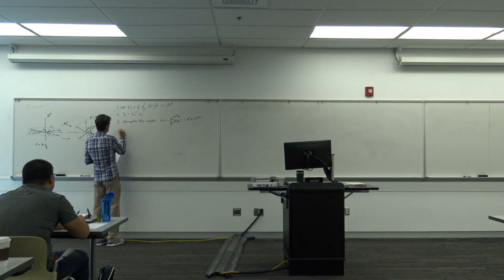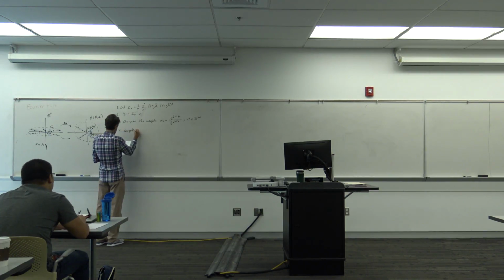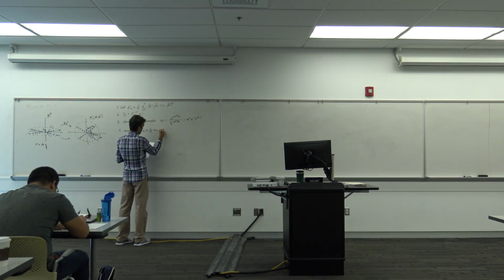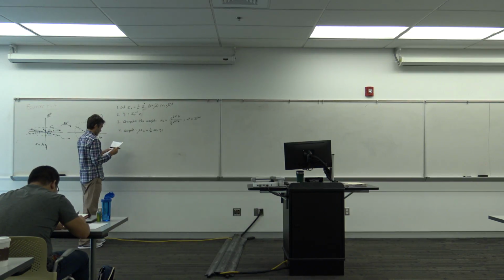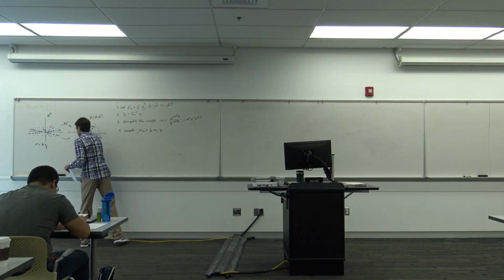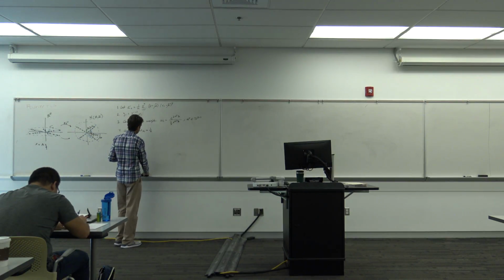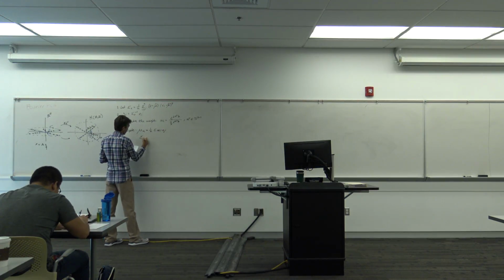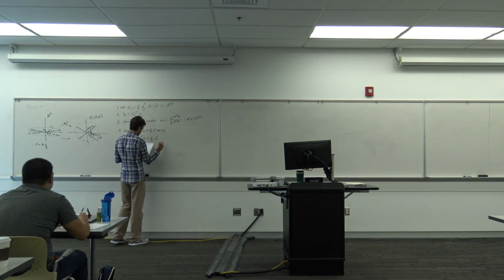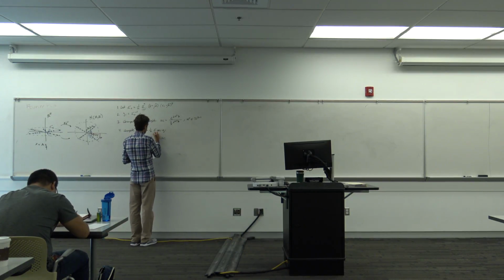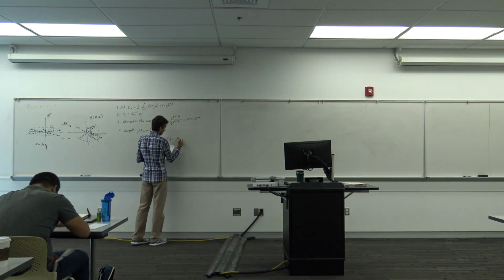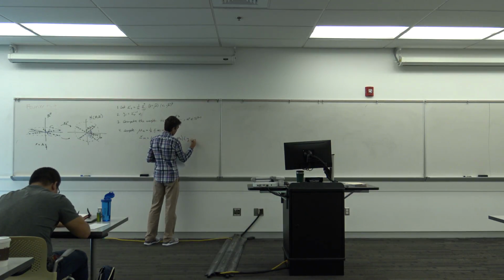And now I can compute mu of u, which is 1 over n, the summation of wi yi, and the new covariance matrix, which is 1 over n, the summing term of wi, of yi minus mu u, yi minus mu u transpose, right?